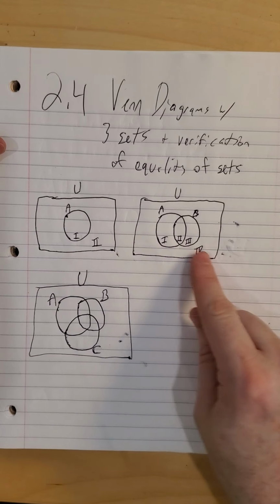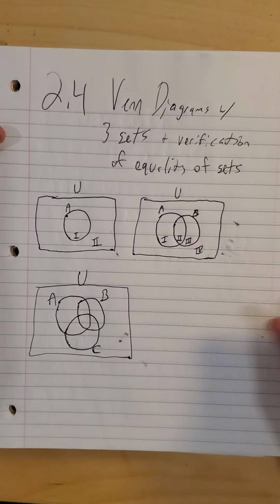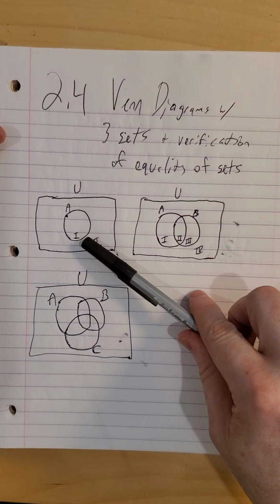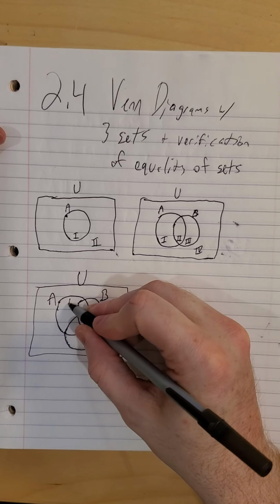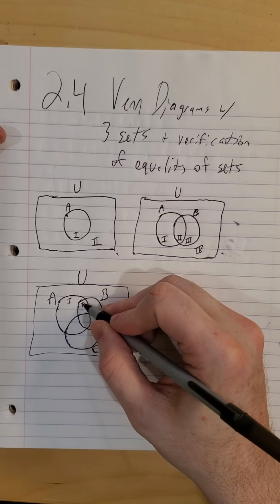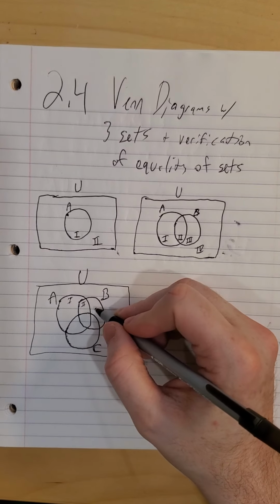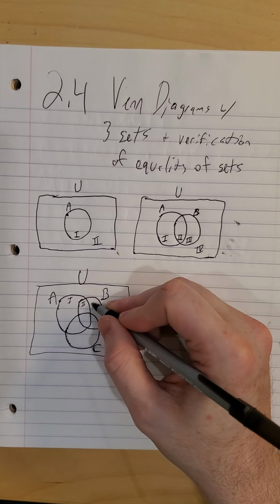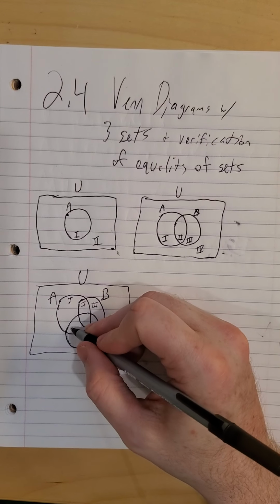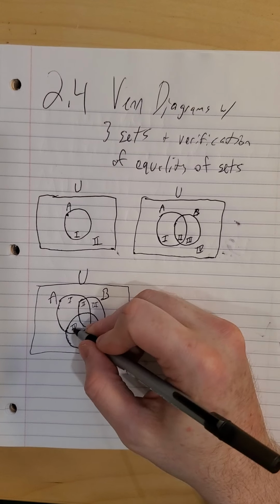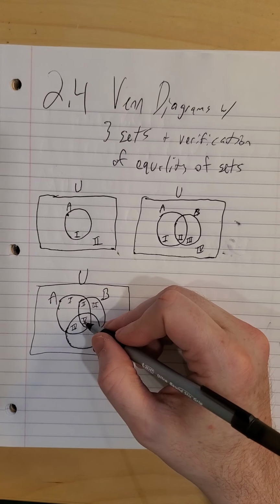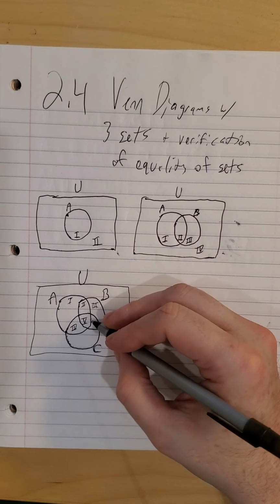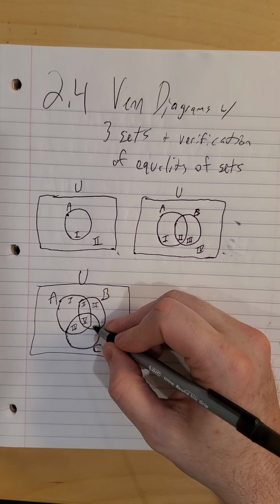And once again, our number of regions has doubled. We went from 2 regions to 4 regions, and now we have 8 distinct regions. 1 is still A only, 2 is A and B only, 3 is B only, 4 would be A and C only, and 5 is the overlap of all 3 subsets.